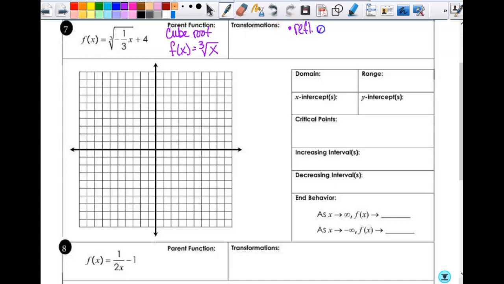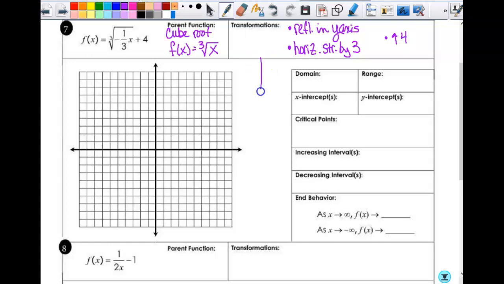This would be a reflection in what? The y-axis. Then that 1/3 would be what? Good. Horizontal stretch by 3 because x lies. And then that 4 means I do what? Up 4. Okay? Yes? All right, good deal.